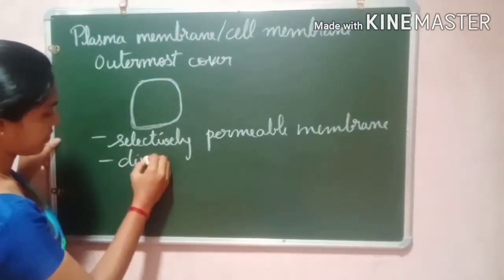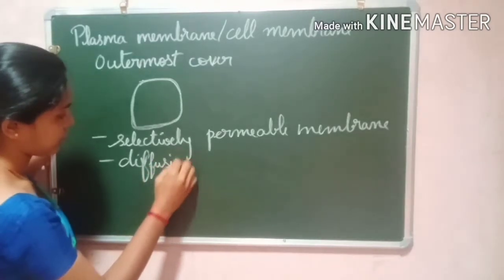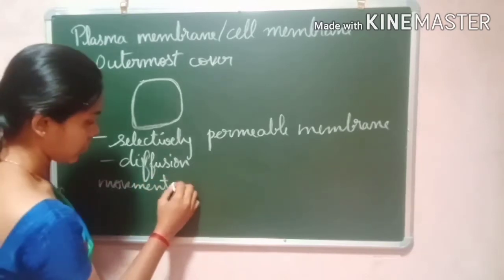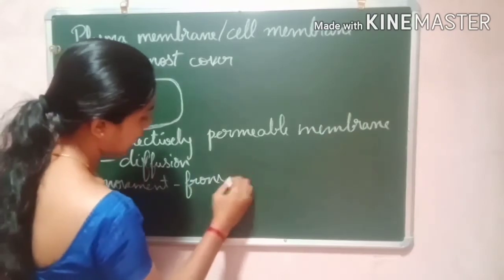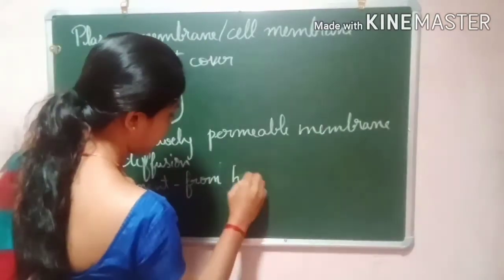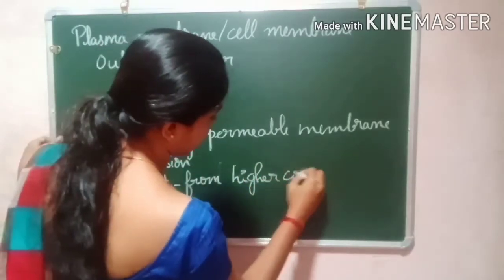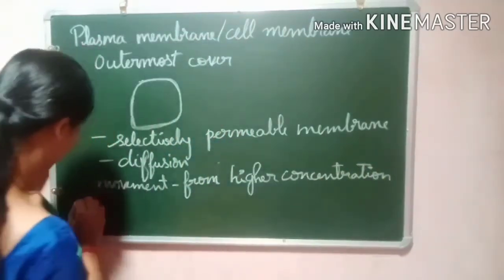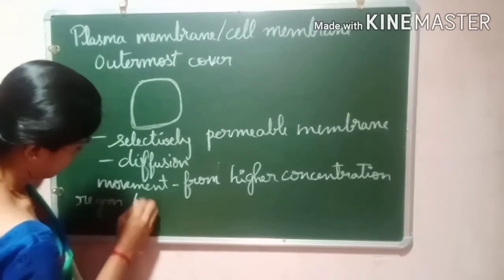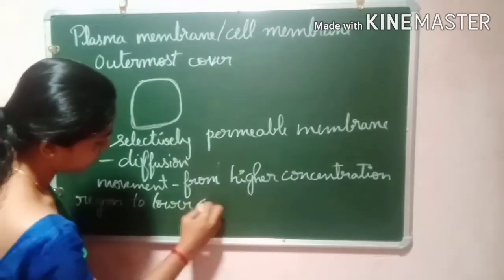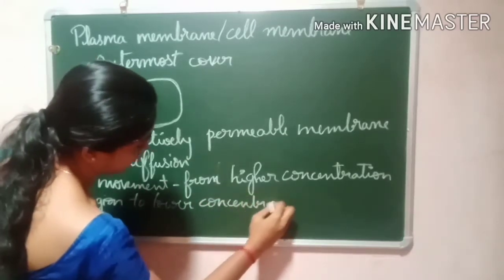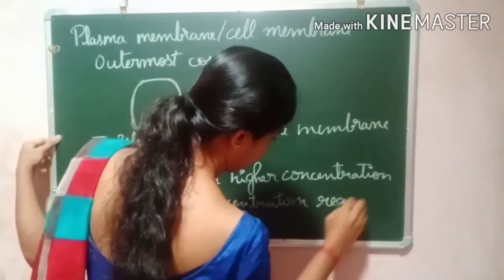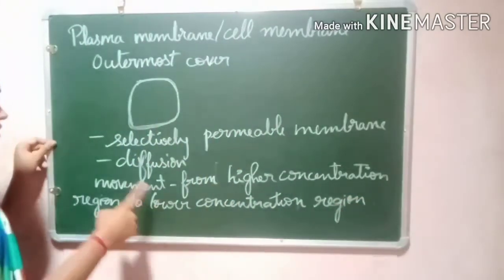So movement from the higher concentration region to the lower concentration region is known as the process of diffusion.